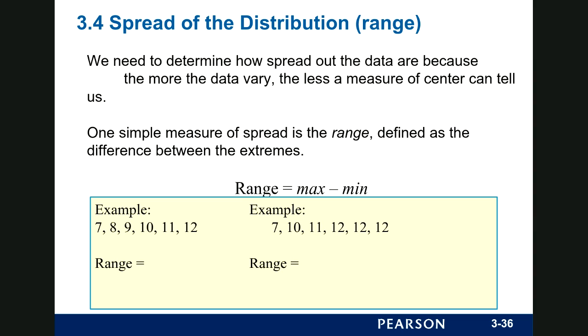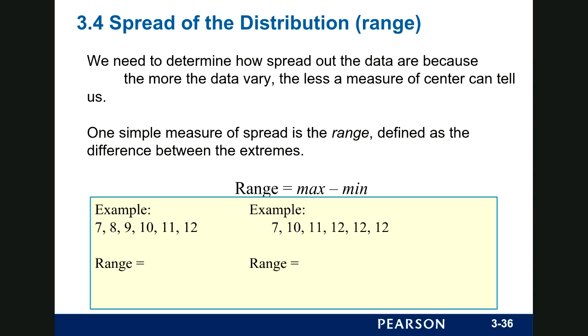How the data varies. So reading here, we need to determine how spread out the data are, because the more the data vary, the less a measure of center can tell us. So sometimes it's not necessary to look at center because it doesn't give us much information. So we look at spread. The easiest way to measure spread is with range, and you all know how to do this. You take the maximum value minus the minimum value, and you've got your range.